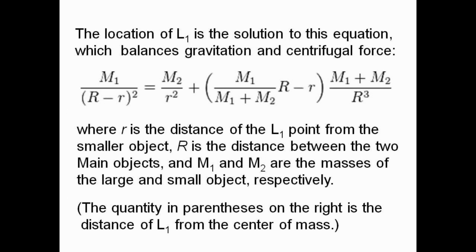Okay, if you'd rather have equations than words, here it is. This sets up the balance between the gravitational force and the centrifugal force. And if you set those equal to each other, the little r is the distance of the Lagrangian point from the second body.